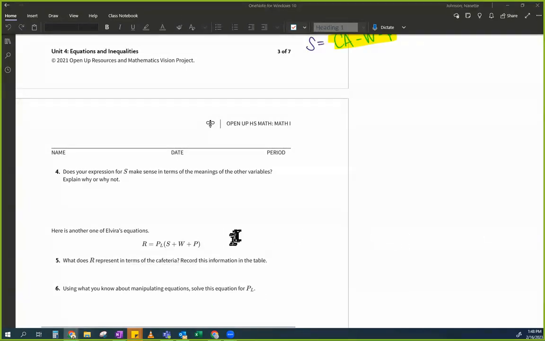What we learned was you all said that S plus W plus P is the total number of students who bought lunch. Okay, PL was the price per lunch.